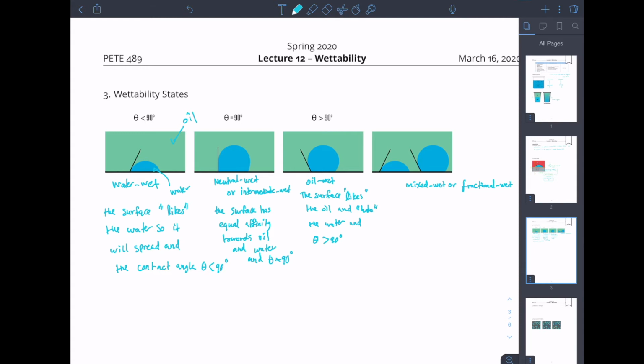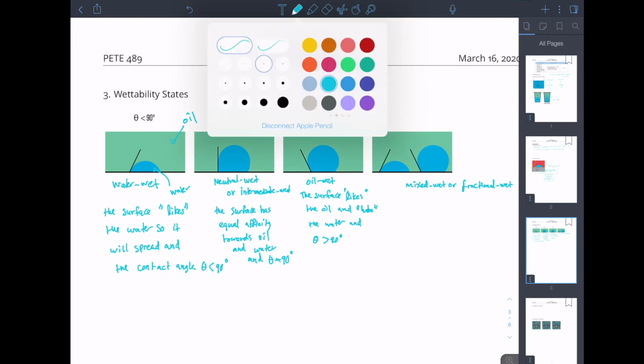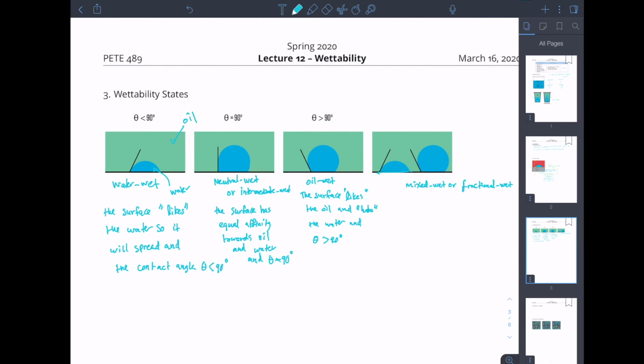In this system, the system has affinity towards both, so the region that prefers to be in contact with water is water wet and another region prefers to be in contact with oil, which is oil wet. So we can have two systems in one. Here, if you look at the system, this region is water wet, while this region is oil wet.